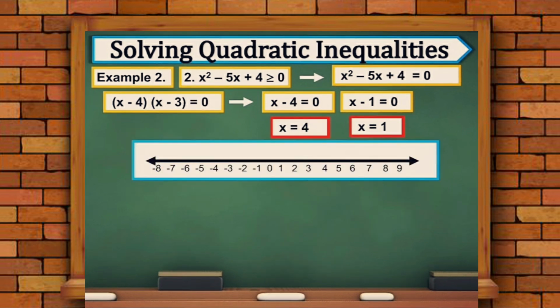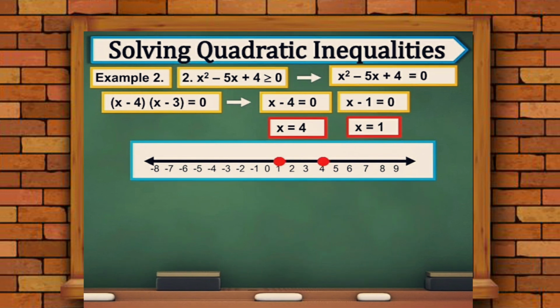After, graph it on your number line, class. This time, we will use a solid circle since our inequality symbol has or equal. It means our 4 and positive 1 are part of the solution. So, positive 1 and positive 4.